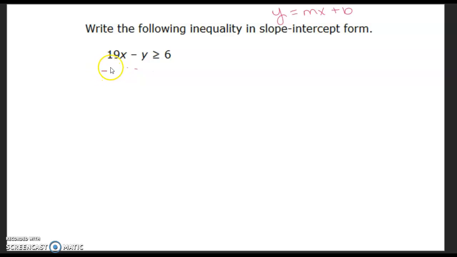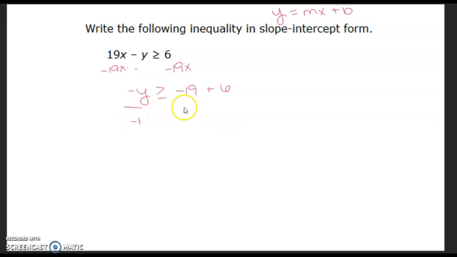So I'm going to move x by getting rid of that 19x on the left side. It needs to be over here. So I have negative y inequality. Again, you can write 6 minus 19x if you'd like, but I already know that the number with x needs to go first. So I'm just going to skip the step and write it just like that.